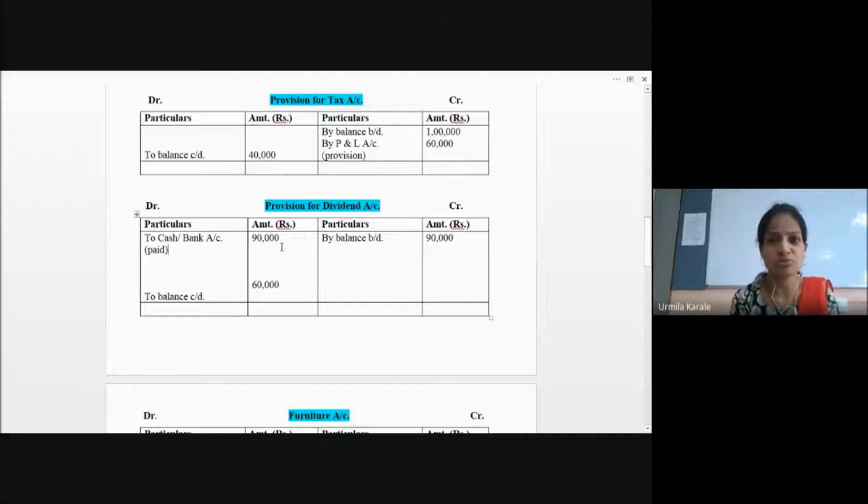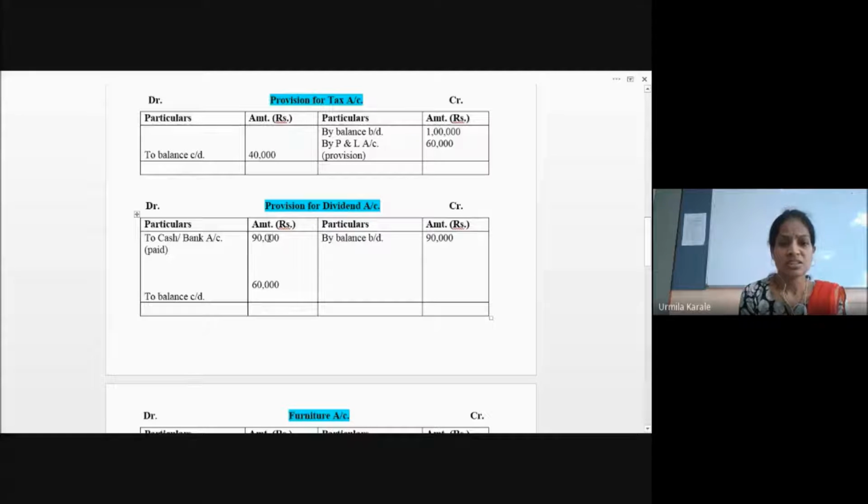Only for provision for dividend account I have given you the note. So this I'm paying immediately in cash. So what does it mean? Whatever provision you have created last year for paying the dividend, that is to be immediately paid. So the money which was kept aside for paying the dividend, this we are paying.